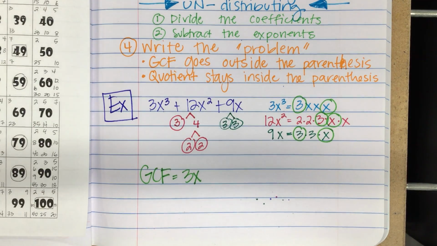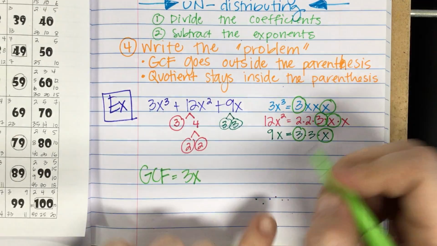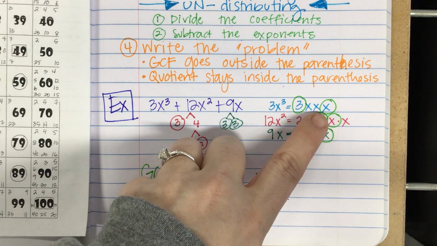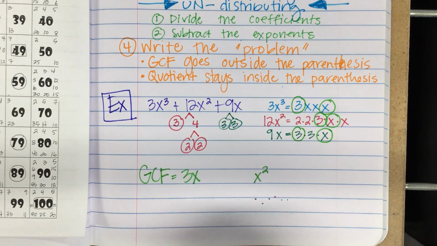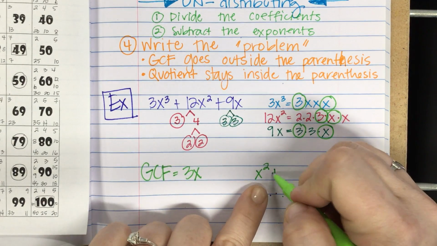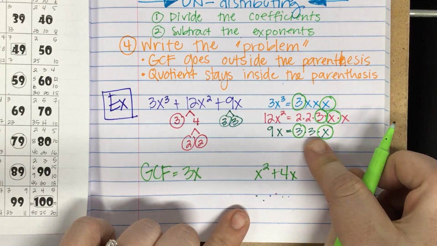If I write it out this way in the beginning, I can also look to see what's left behind. What's left behind here is x squared. Do you agree? What's left behind here? Plus 4x. And what's left behind here?